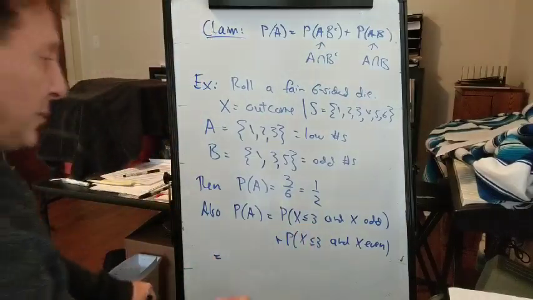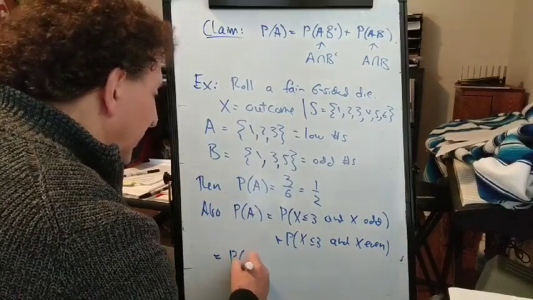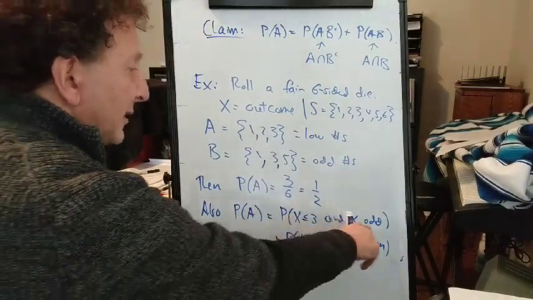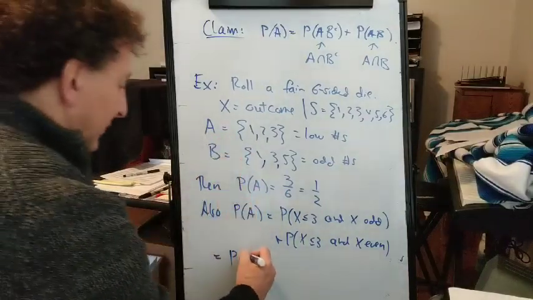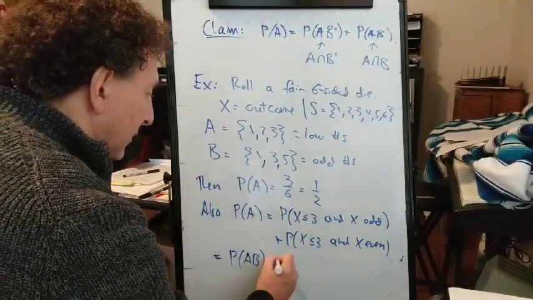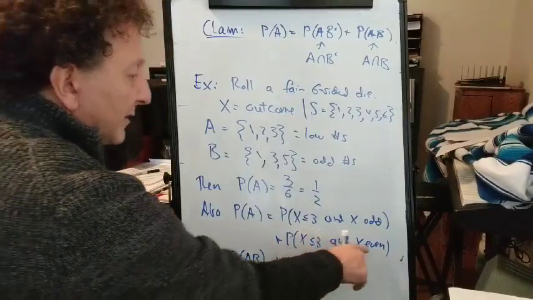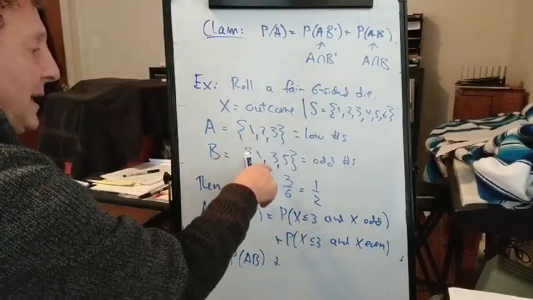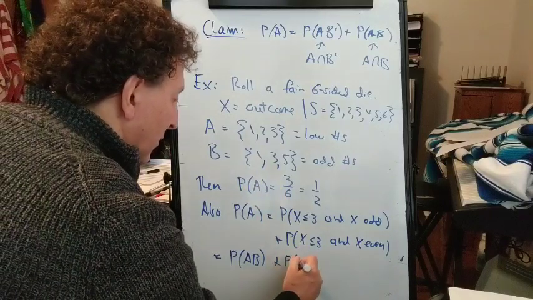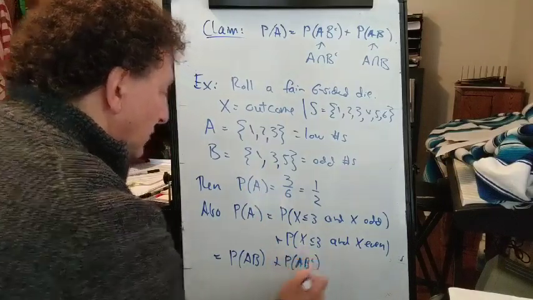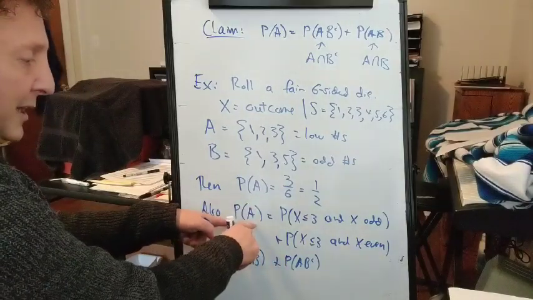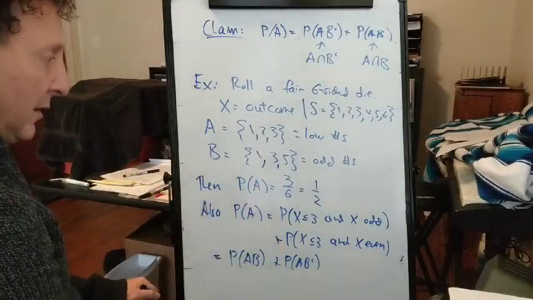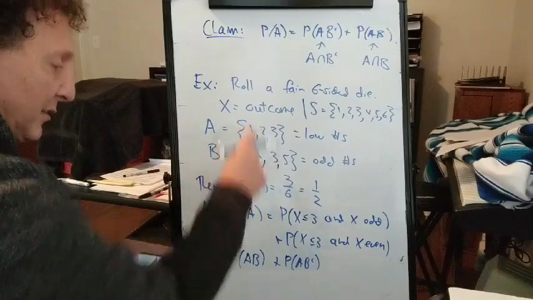So in terms of A and B, X is less than or equal to 3 and X is odd means that we're in A and B simultaneously. X is less than or equal to 3 and X is even means that we're in A but not in B. Either way you write it, we're breaking up A into two cases. The cases where we're in B and the cases where we're not in B.